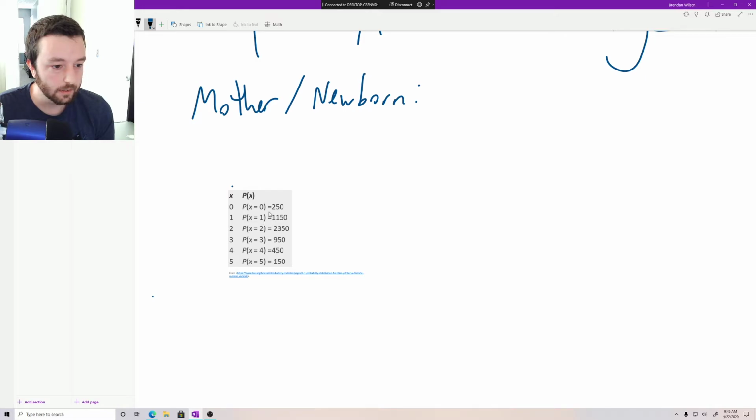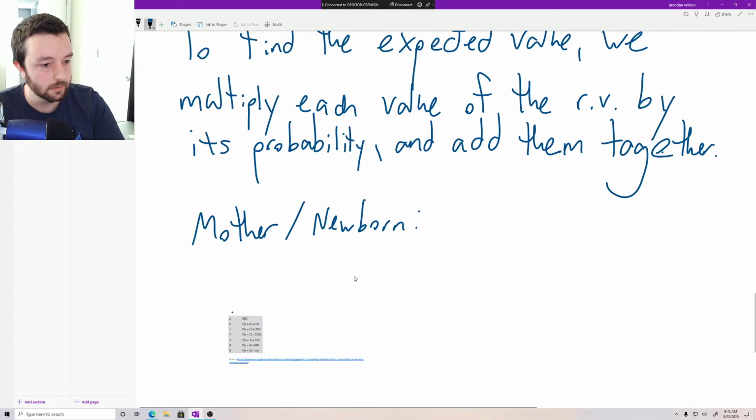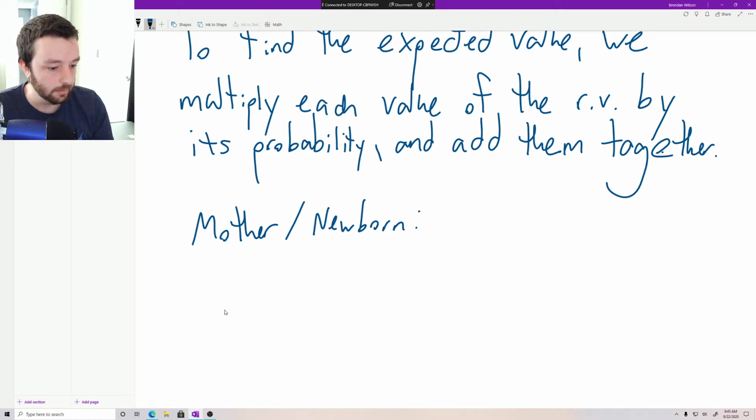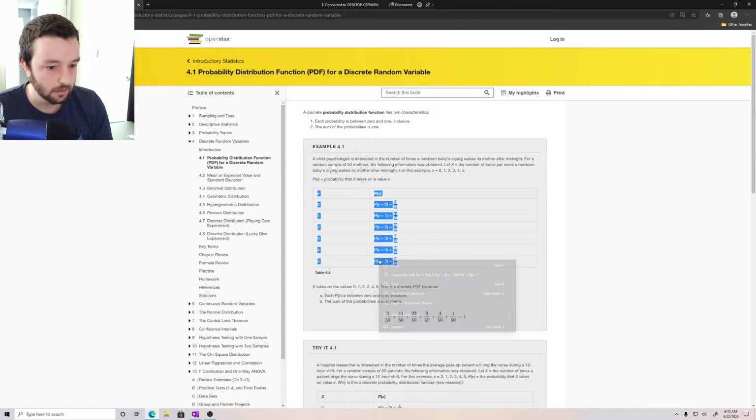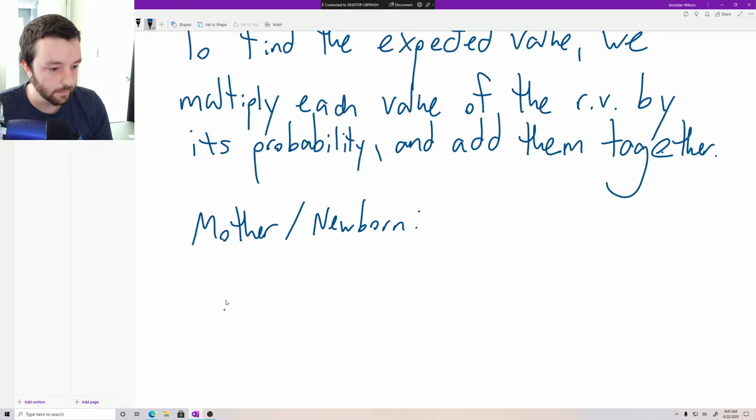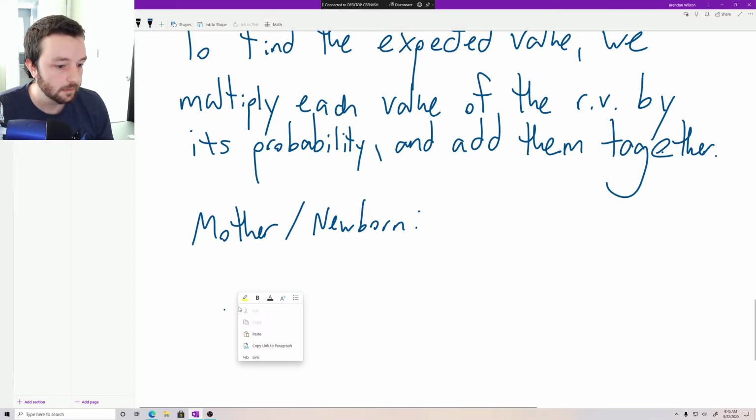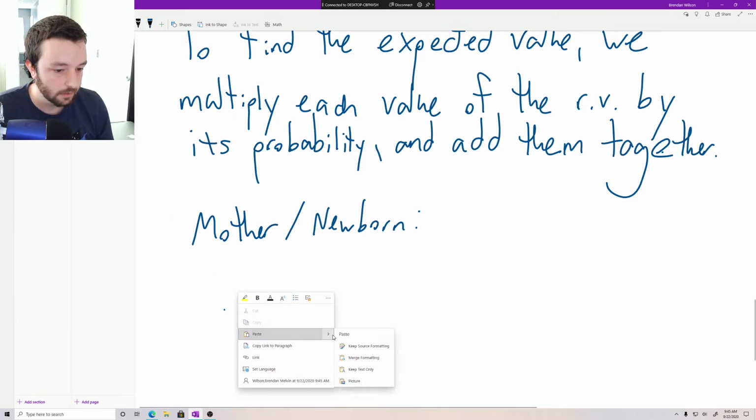Oh, these aren't right. These are supposed to be fractions. Shoot. Let me see if I can paste it in a different way. It really doesn't want to let me. There we go. Keep text only.